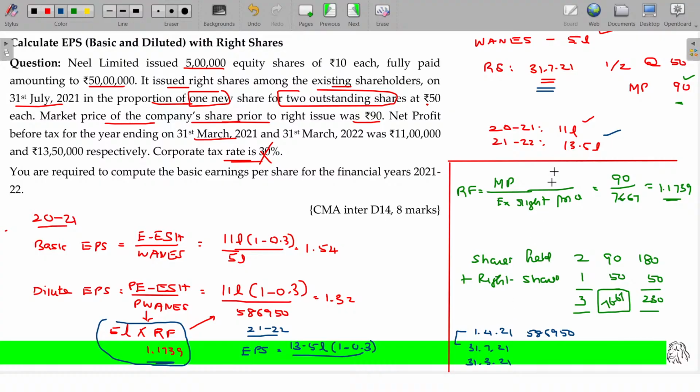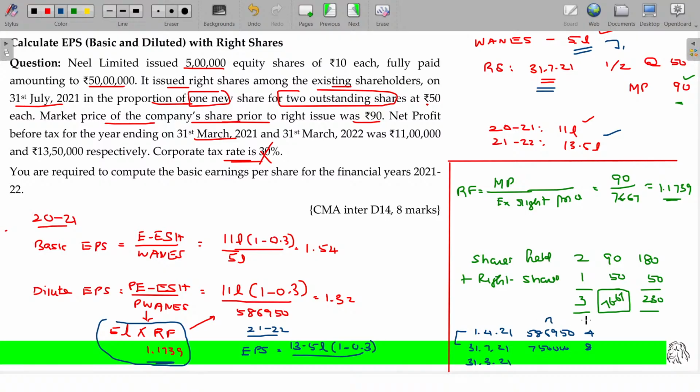Here, you issued how many shares extra? 5 lakhs means 2.5 lakhs shares issued already on this date. So here you will be having 7,50,000 shares. How many months do you have 5,86,950 shares? 1/4 to 31st July, for 4 months you have this much. Thereafter, for the remaining months of the period, you have 7,50,000 shares.